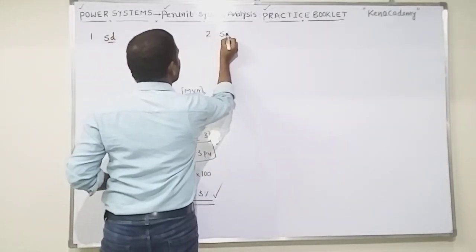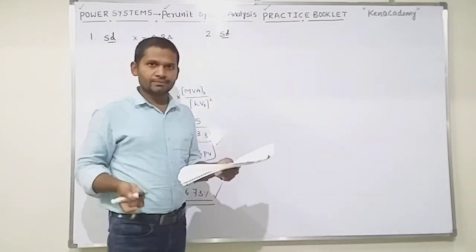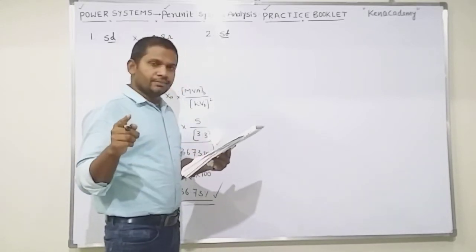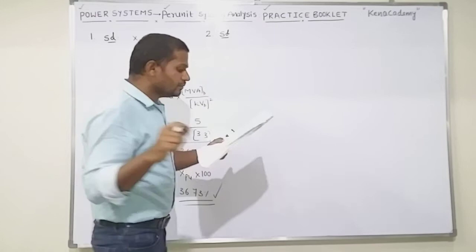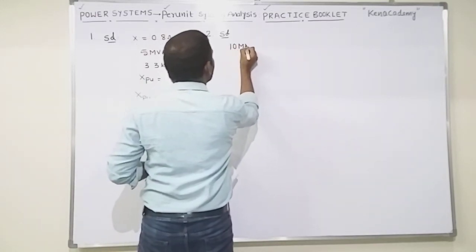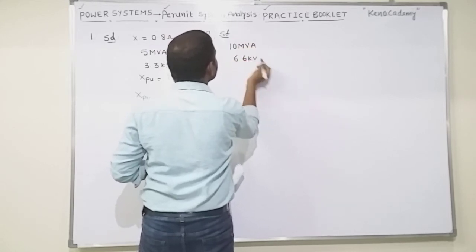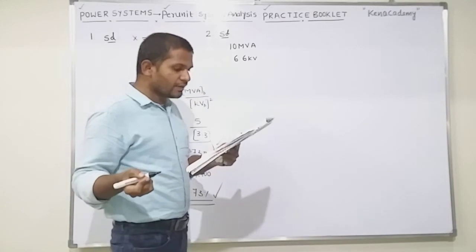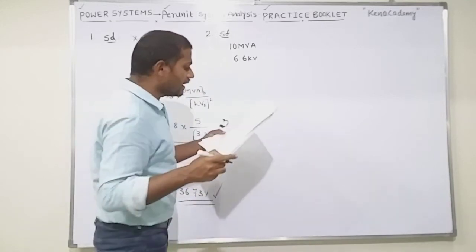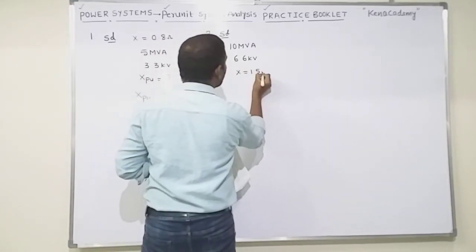Second question solution I am giving. Students, all of you follow the booklet, already given in the last lecture. Yes, a 10 MVA 6.6 kV, the rating of the given machine is 10 MVA 6.6 kV, three-phase synchronous generator has X equal to 1.5 ohms.